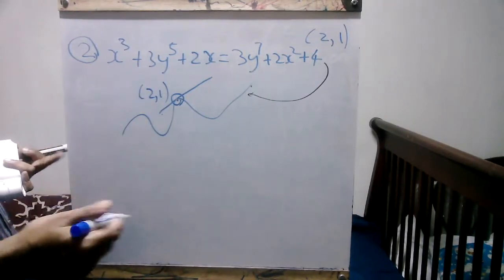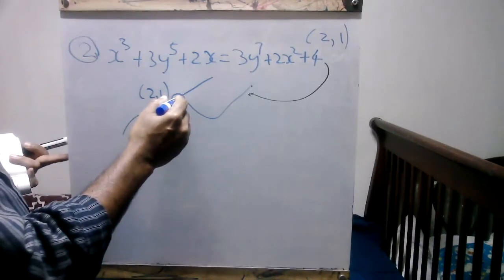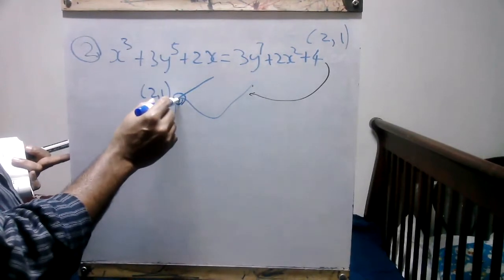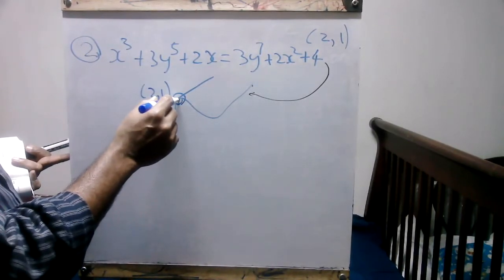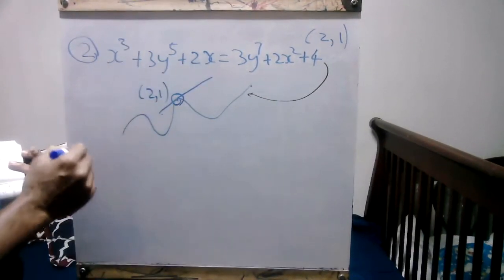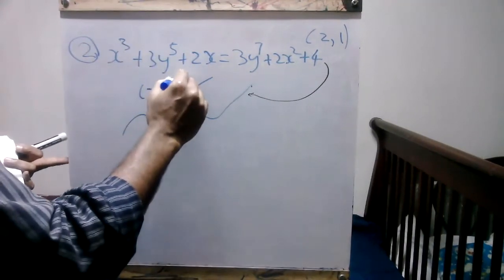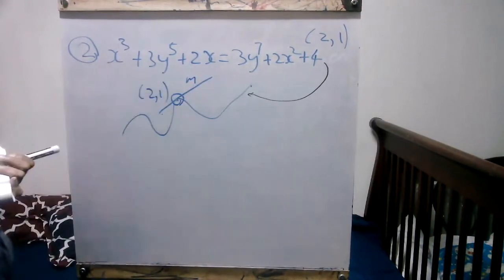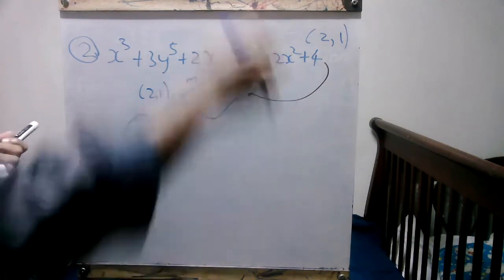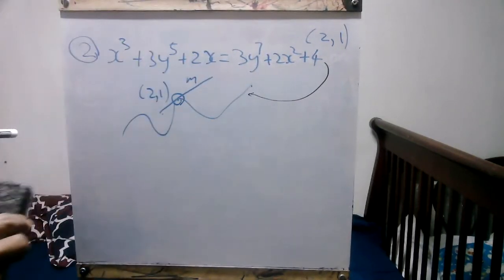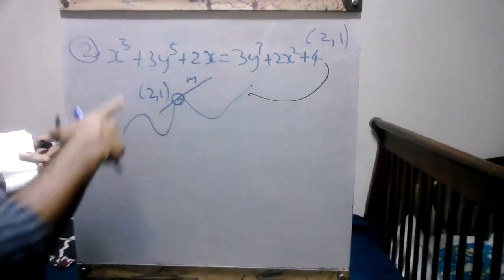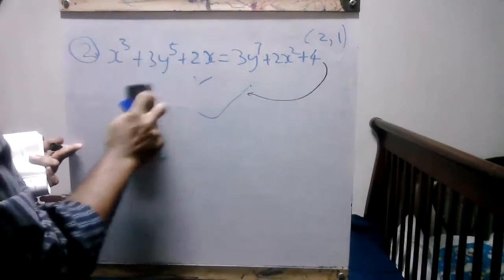You understand what I mean? If we could find the slope of this curve at this point, which is the same as the slope of this tangent line, then we have that slope, say m, and we have the coordinates of one point, so we can write the equation of the line. Okay, now what we've got to do is find the slope of this equation, right?